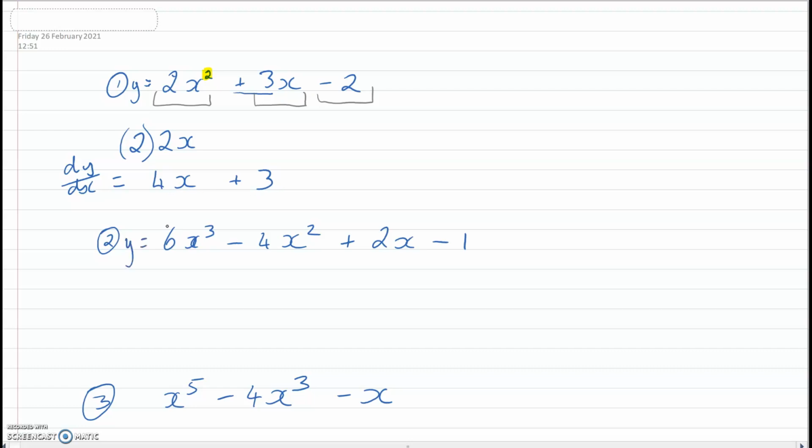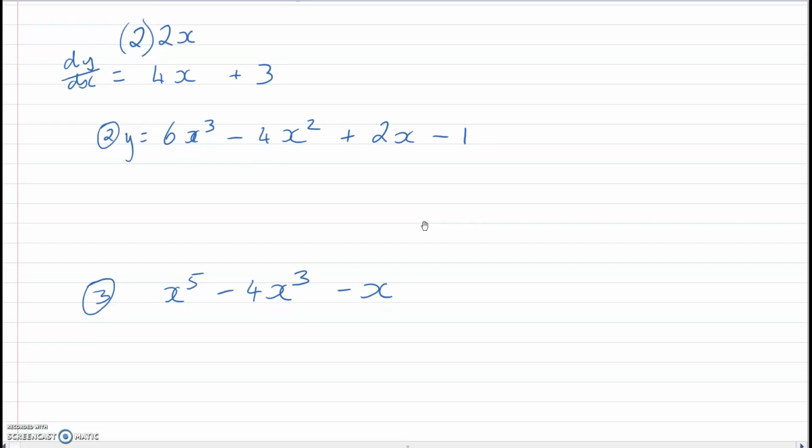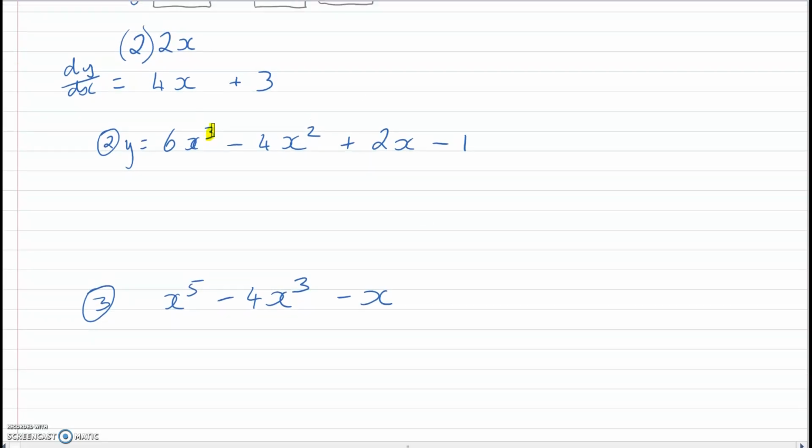So for the second example here, what is our power? I'm going to highlight the powers in each one of these here. Now you'll note that there isn't a power beside that x. When there isn't a power present, it's automatically to the power of 1. So that 3 comes down here and it's multiplied by 6x to the power of 2.